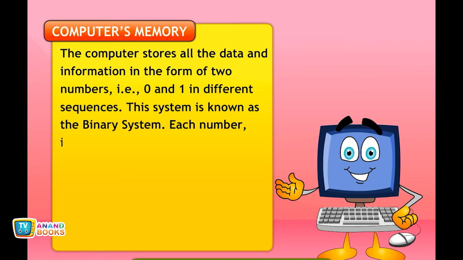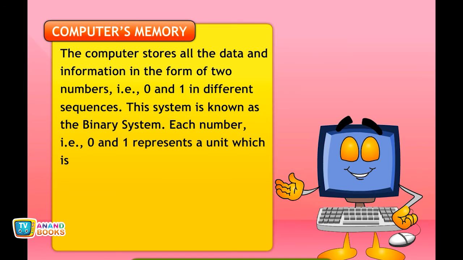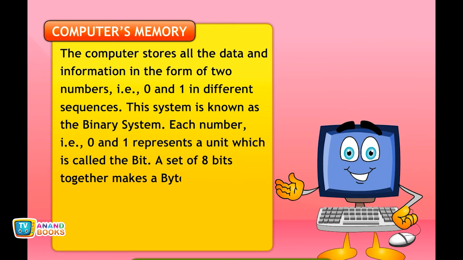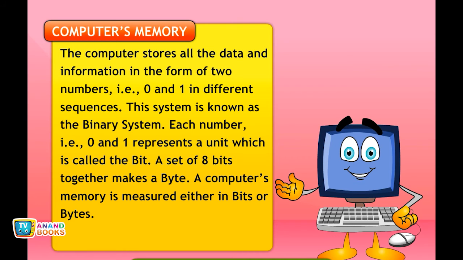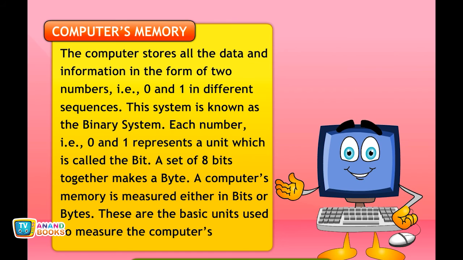Each number, that is 0 and 1, represents a unit which is called the bit. A set of 8 bits together makes a byte. A computer's memory is measured either in bits or bytes. These are the basic units used to measure the computer's memory.